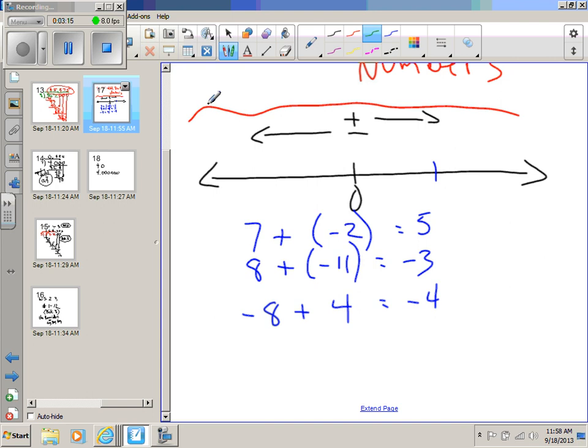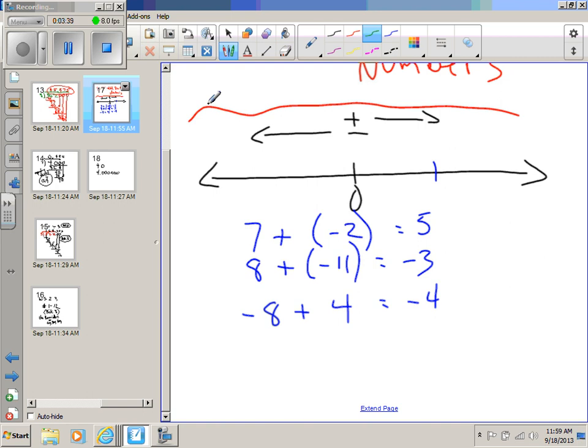How about this first one, 7 plus a negative 2? How could I rewrite that problem and have it mean the same exact thing? Raven. 7 minus 2. Okay, how about can I mess with the order? You're right, 7 minus 2 is essentially what we're doing. What if I wanted to take this negative 2 and put it in the front?